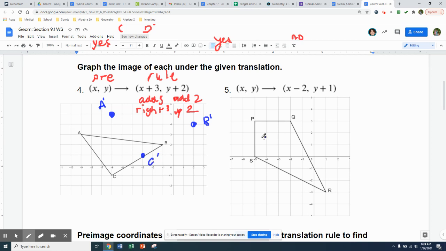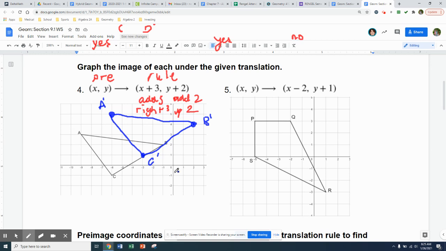There's going to be my new figure, now all moved the same direction, the same amount. And then we can connect, and if you don't have a color coordination, that's where we're using those primes. So the primes will signify that the A prime, B prime, C prime, that's the figure after you've moved it to the right 3 and up 2. So there would be how we can graph a translation.